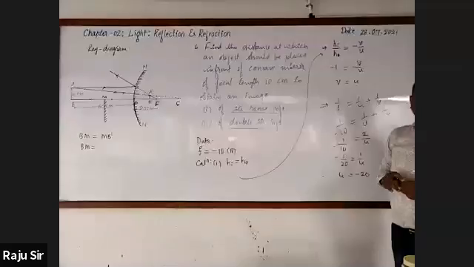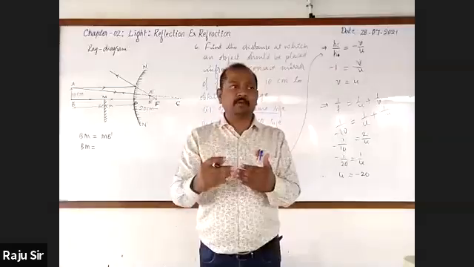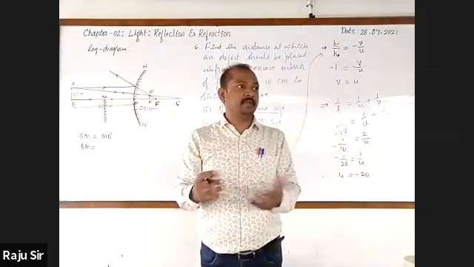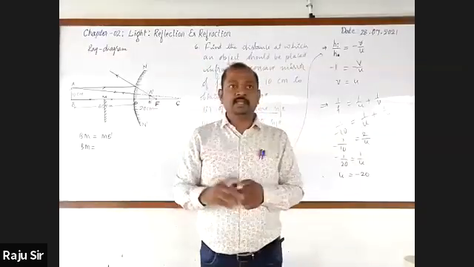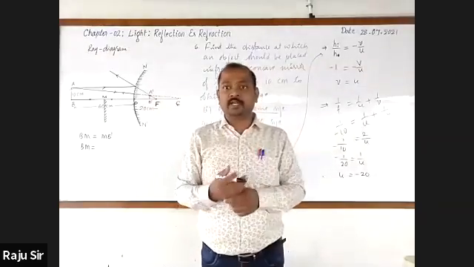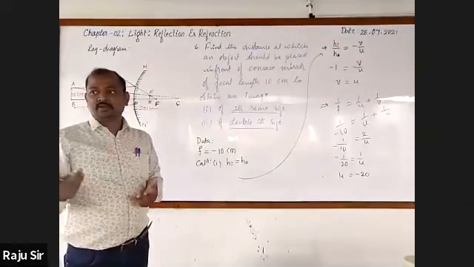I'll tell you. Students, we know that in the case of a concave mirror, an image formed on the screen means whether it is upside down or upright. Upside down, sir. Upside down is nothing but inverted. For an inverted image, the height will be negative. Got it?